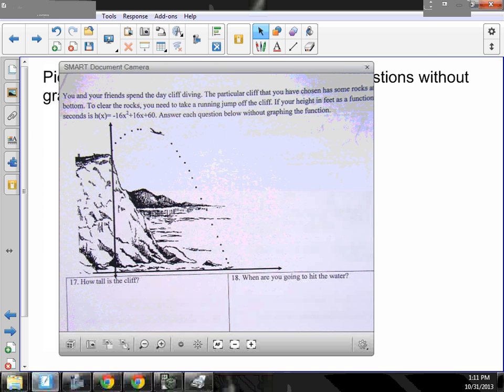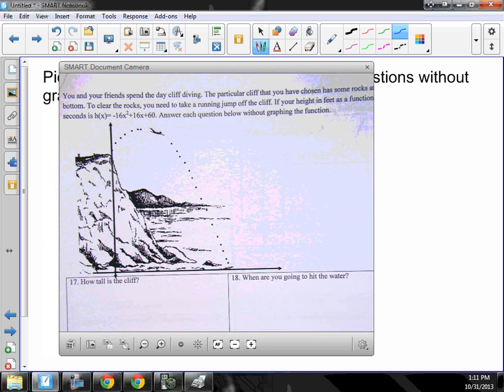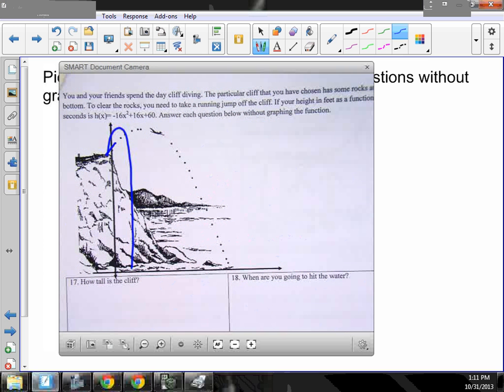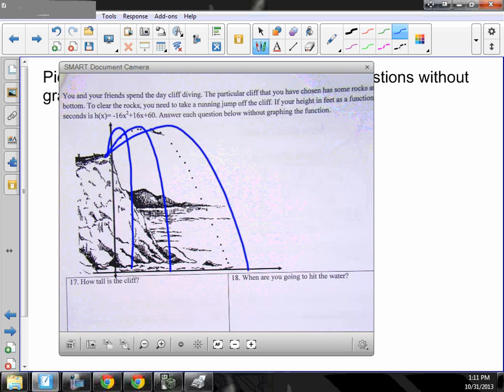If you're standing on a cliff and you jump up really high and you fall all the way to the water, somebody else runs and jumps the same height and falls to the water. If all three of you jump at the same time, who's going to hit the water first?